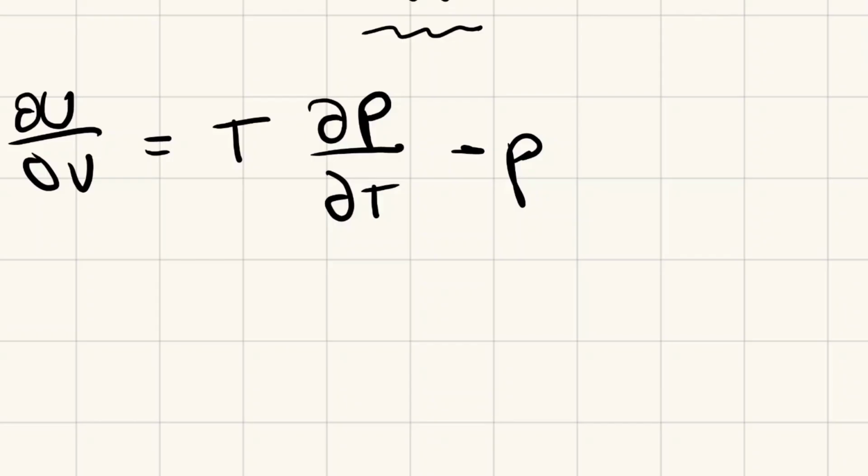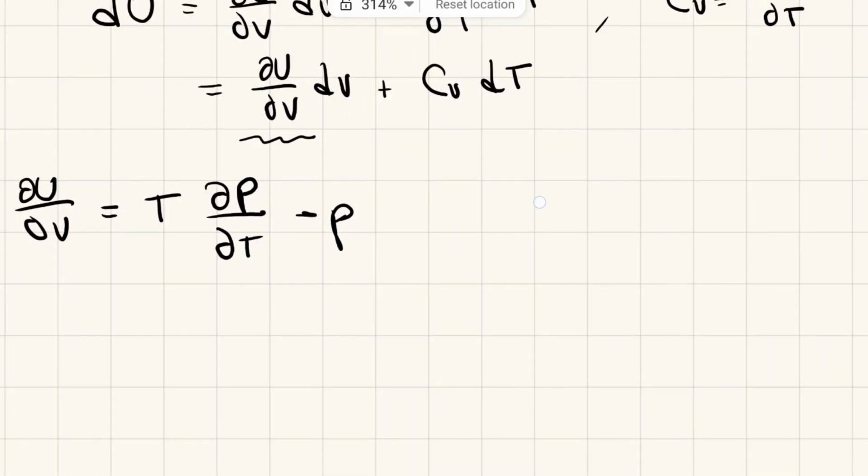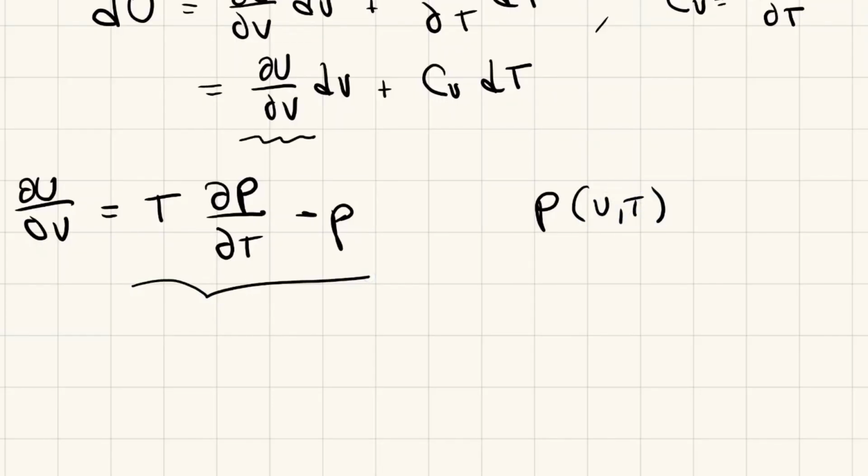Because looking at P, we should be able to express P in terms of V and T, right? So that this expression at the end only depends on V and T. And that expression, P of V and T, is known as the equation of state of the gas, right?